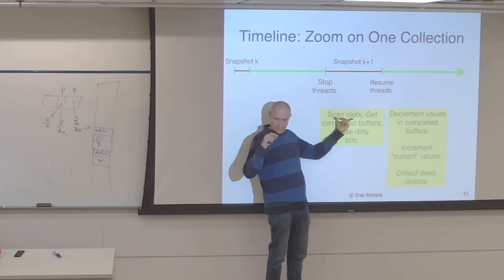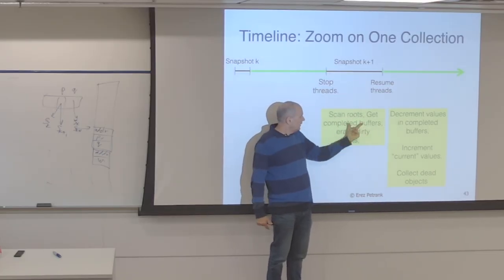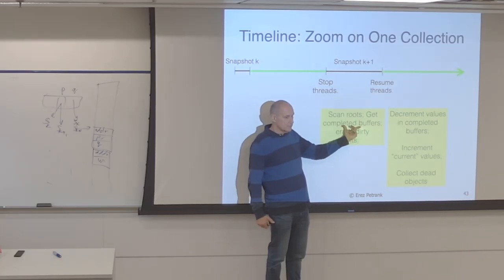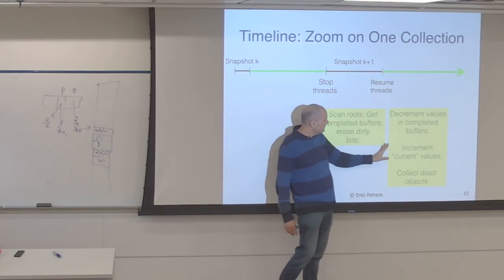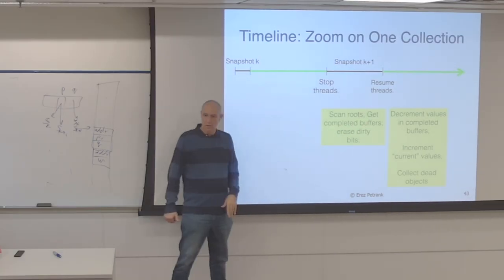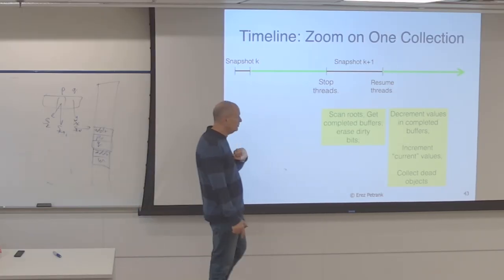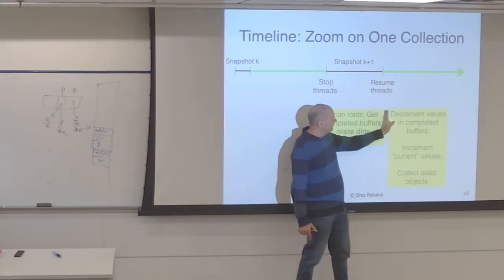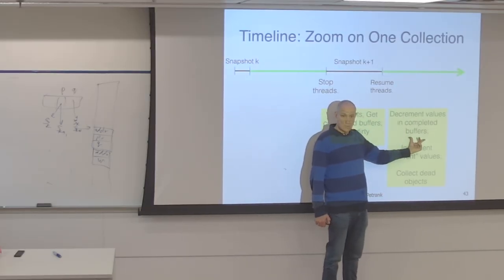If we look closer, we need to scan the roots. Remember, we don't have monitoring for local pointers. We get the completed buffers so that we know all the pointers that were changed. We erase the dirty bit, and actually, after that, we can let the threads go on working. So they can just resume, and we can work concurrently to decrement the values in all the buffers that we took.